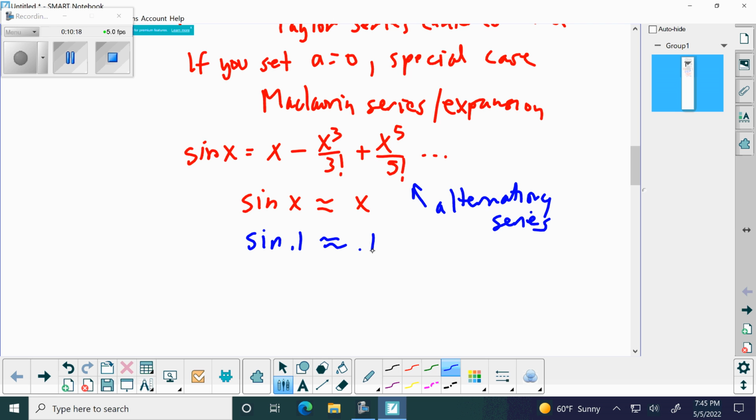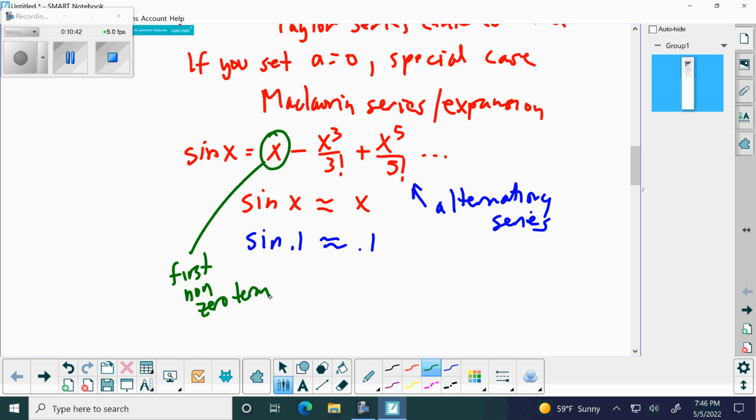How accurate is that? Well, I remember that in an alternating series, the error is determined by the next term. So for an approximation with one term, I'm going to look at the first non-zero term.